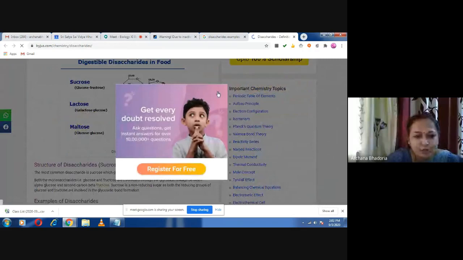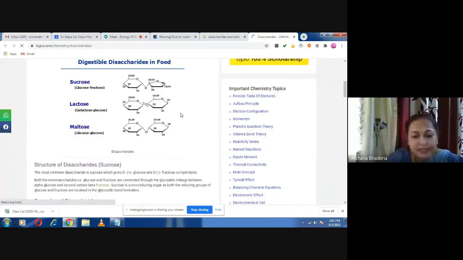Sucrose you all have done. Now take up the lactose. So lactose is the disaccharide which is formed by the joining of one galactose and one glucose. So draw this structure.